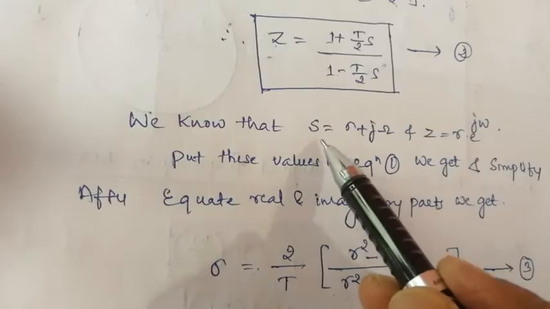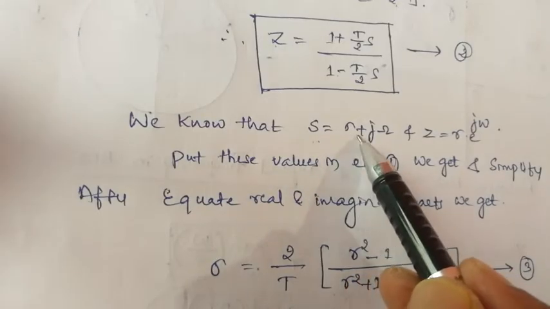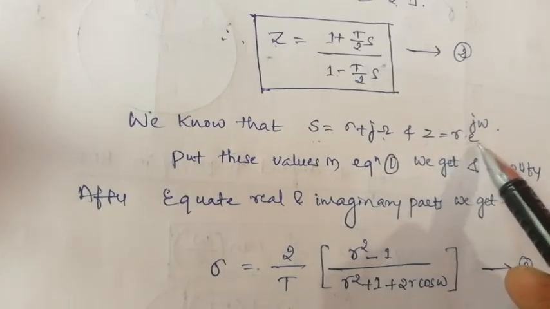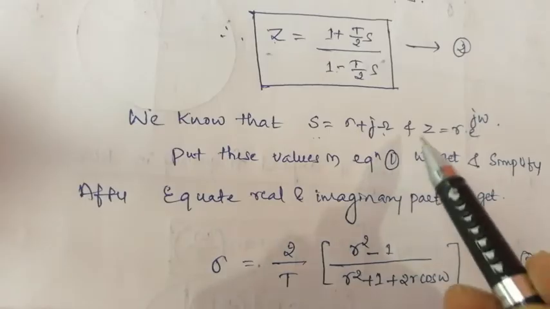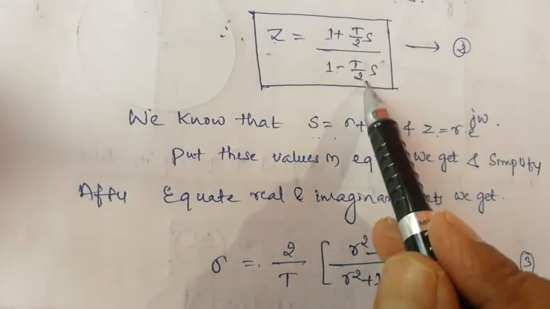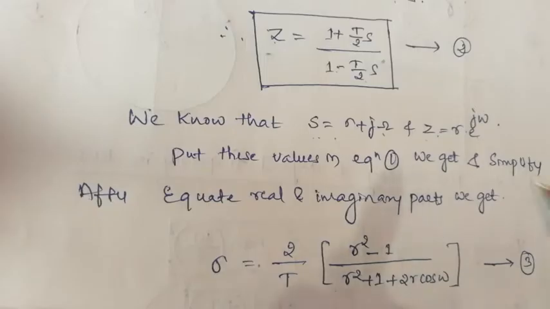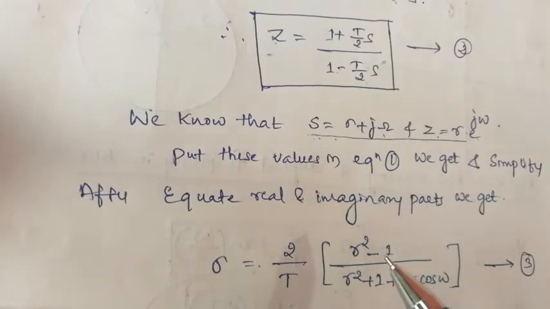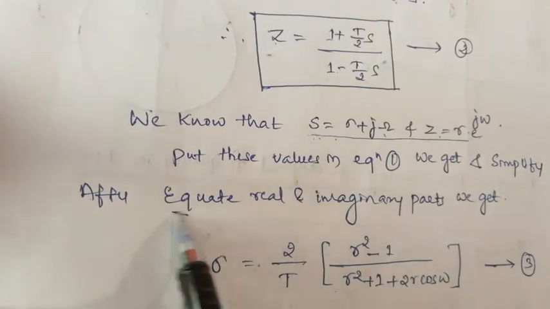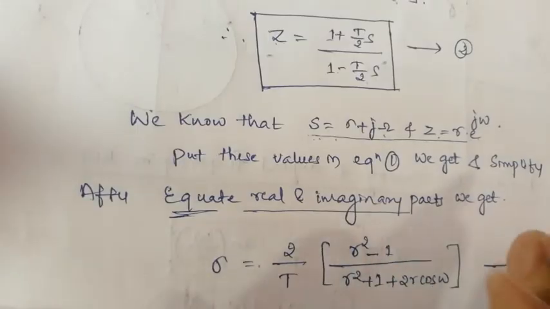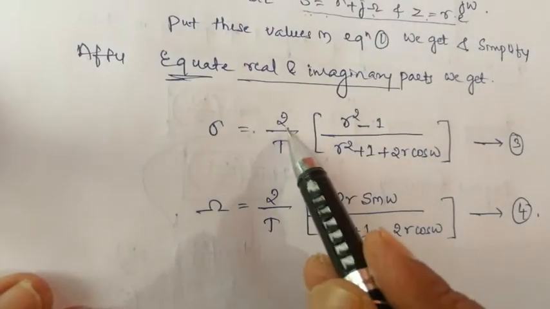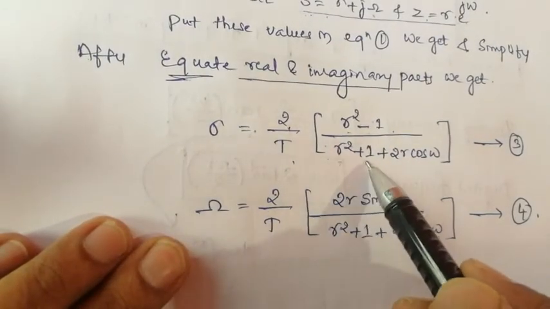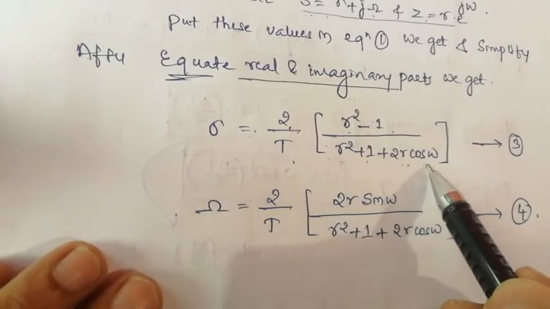We know that S plane is represented as sigma plus j omega, and similarly we know Z is represented in polar form as r into e to the power j omega. If you substitute the S value and Z value in equation 2 and simplify, then equate real and imaginary parts, we get sigma equal to 2 by T inside the bracket, r square minus 1 divided by r square plus 1 plus 2r cos omega, equation 3.